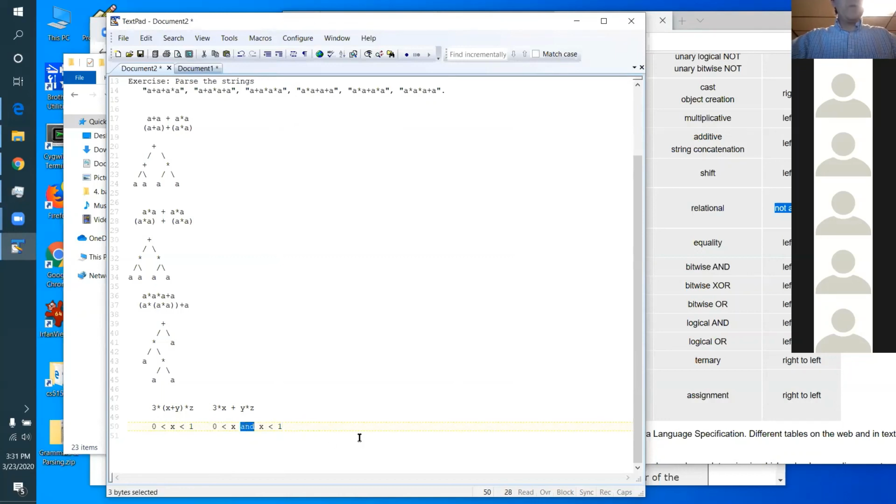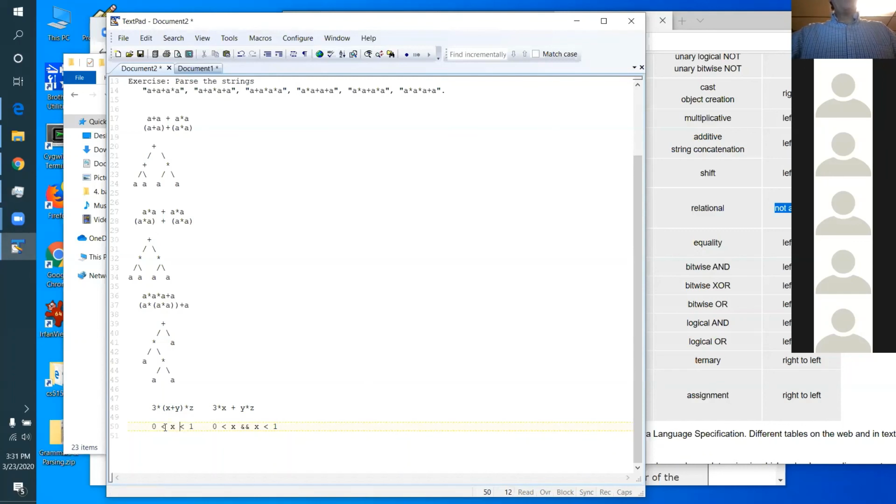So in Java, you really have to write it like this. You can write it that way. So Java prevents you from writing things that way. Notice that they make it so that this will not parse. They don't do something dumb like compare X with 0, get a Boolean, and then compare the Boolean with 1. C would do it that way.